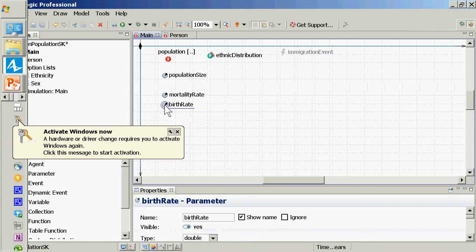It's arguable philosophically whether they should be in main, because they have to do with person-related things. But as a pragmatic matter, many people using AnyLogic, including myself, will often put these sort of things in main. So we're going to have a birth rate and a mortality rate. Okay? Actually, excuse me. I'm going to make it not a birth rate. It's going to be a fertility rate.